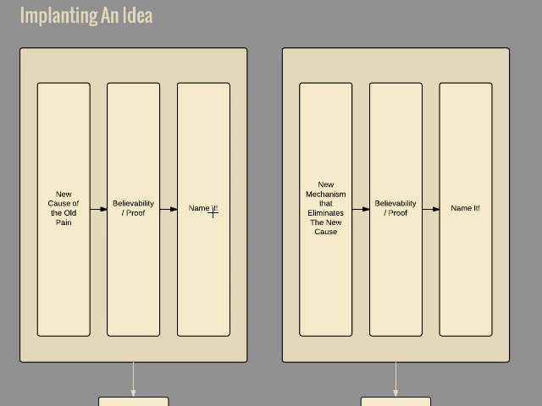When you name it, you create a symbol that encapsulates a lot of power, a lot of emotion. So you go through all this work of showing a new cause and believability. Once you give it a name, you can use that name for the rest of the sales letter, and that name carries all the weight of that work you've done earlier. So there's this buildup of, oh man, I have acid blood.